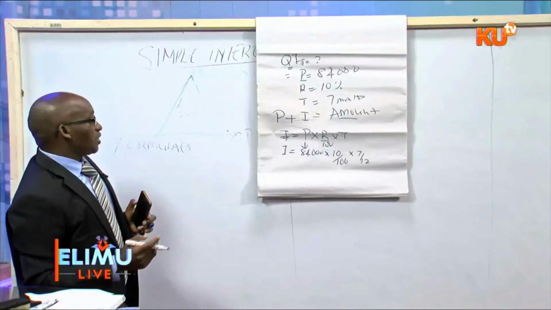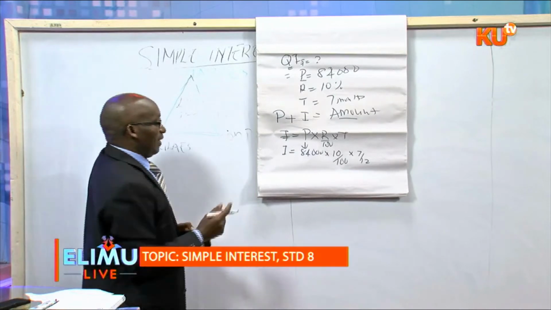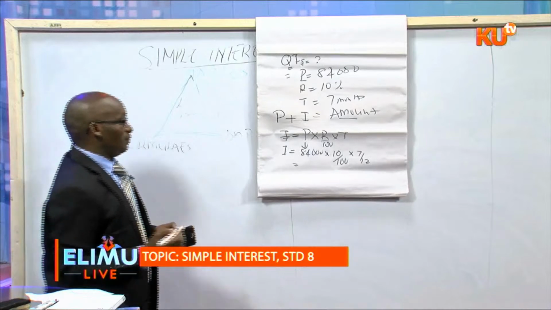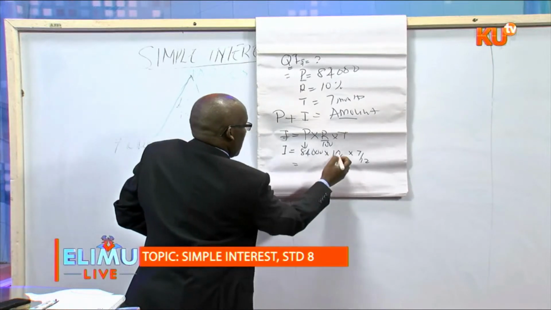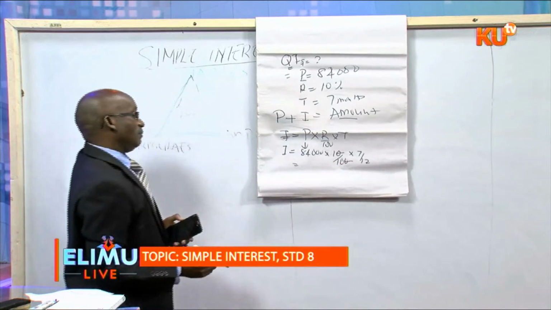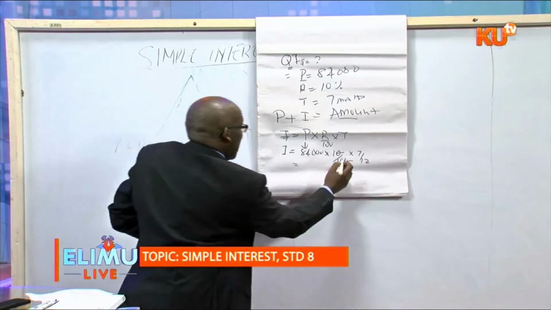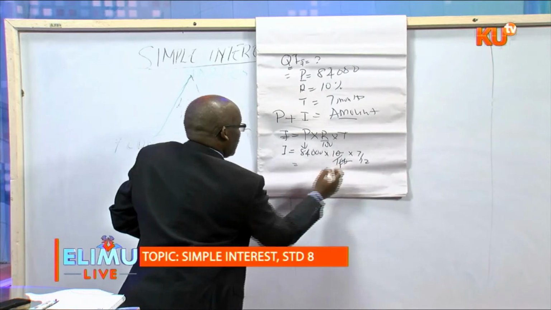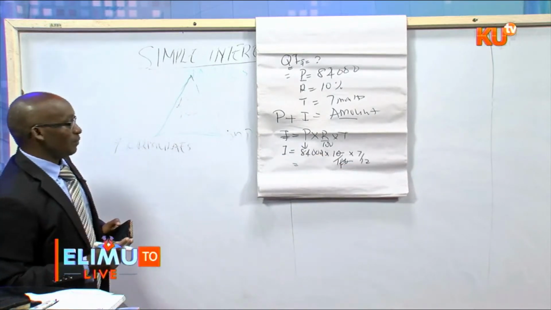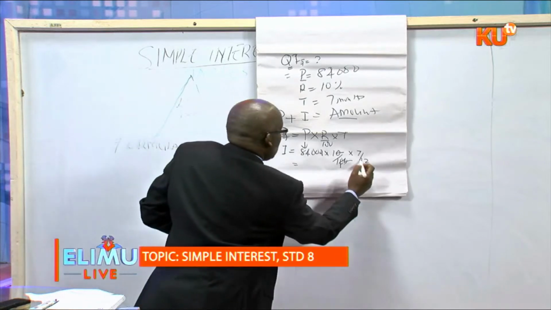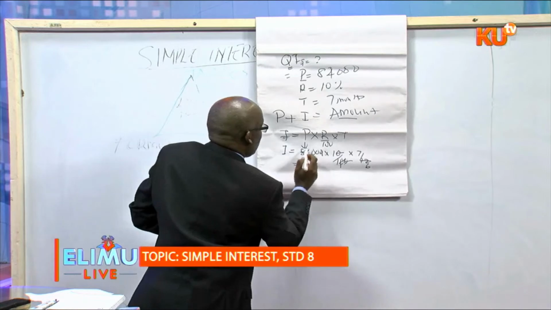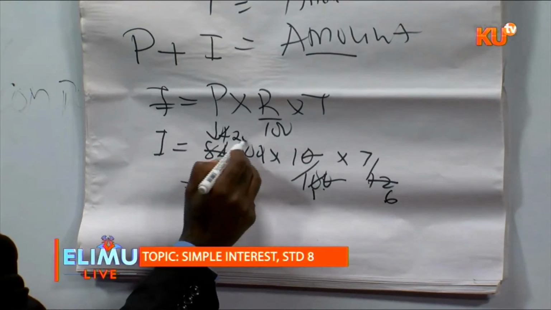Now, what remains is to compute and get the correct value of the interest. So we say 10 by 10, 1, 10 by 10, 10. Then 10 again, 1, 10, 8,400. We divide by 2, 6 by 2, we have got 4,200.